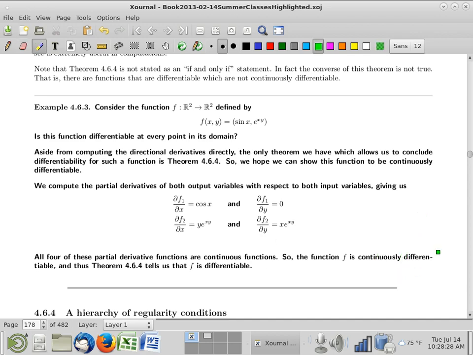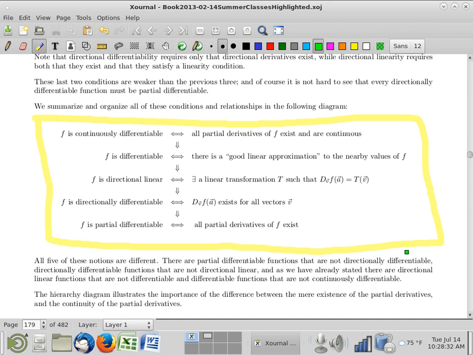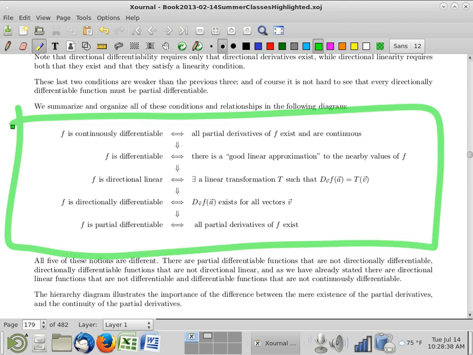Right, so we've talked about a lot of different kinds of differentiability. I summarized them all with this little hierarchy, I like to call it. So we just talked about continuous differentiability. We talked about differentiability, but I didn't really expand on the details, but I said very loosely that a function is differentiable if you can make good linear approximations of it with some linear transformation.